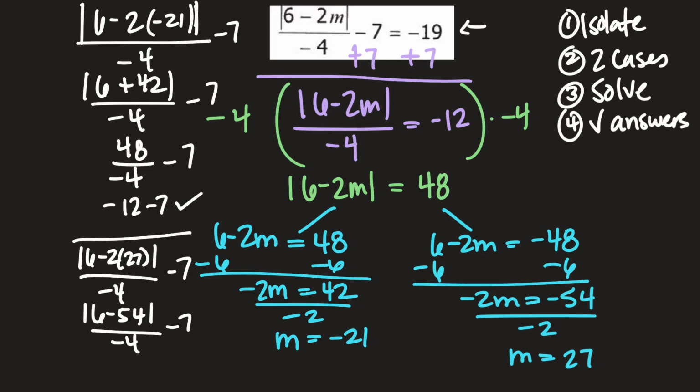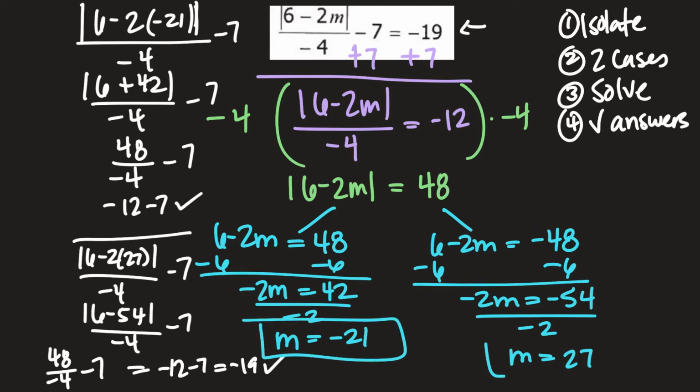So then that would be -48, and the absolute value of -48 is positive 48 divided by -4 minus 7. And if you notice here and here we have the same statement, it's actually going to work out the same way. So -12 and a -7 equals -19. So that's a check. So they are both solutions. Okay.